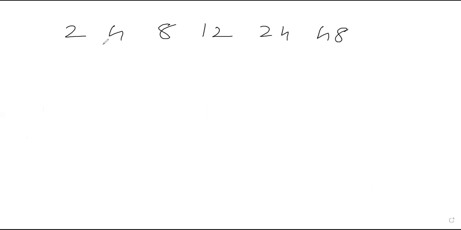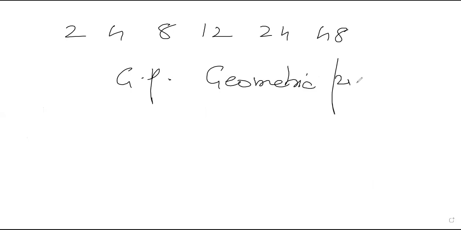So now the difference is not the same, but the ratio between the two numbers is the same. I'll call this a GP, or geometric progression. It's not there, of course, in 10th standard. So I'll just keep this over here. Or maybe let's find just the nth term.